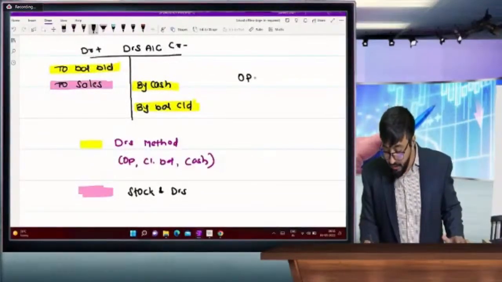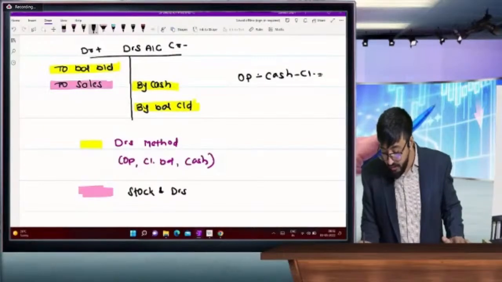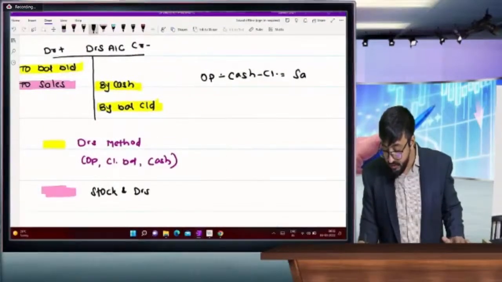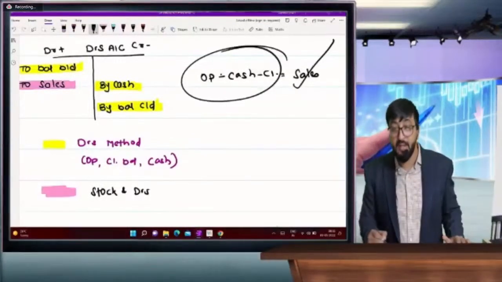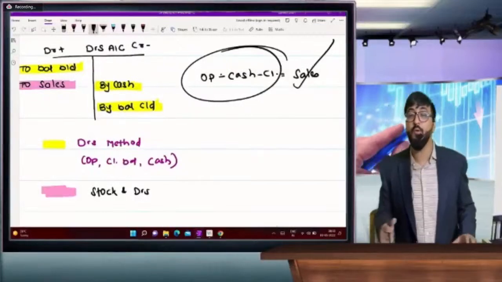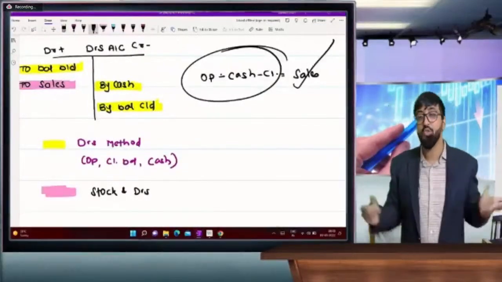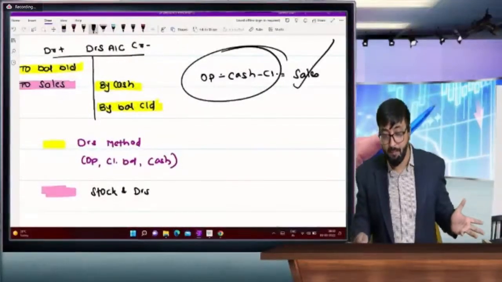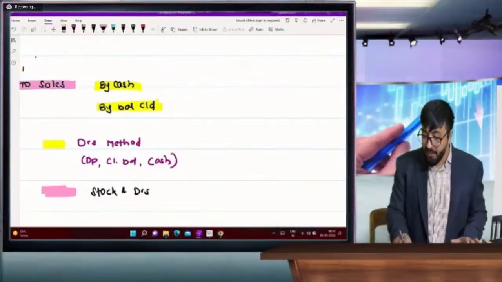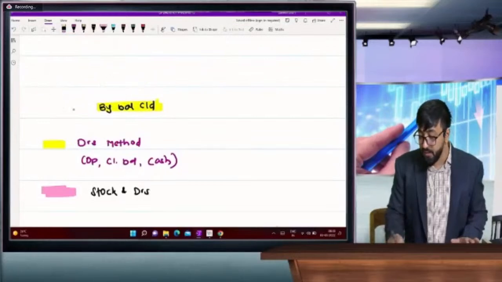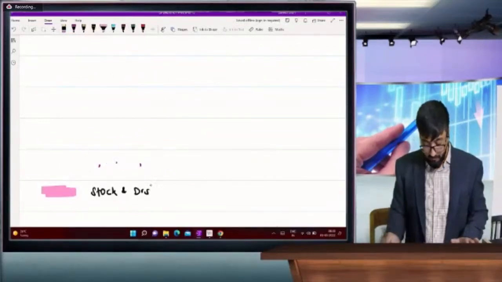Ultimately, opening minus cash minus closing is equal to sales. So debtors method focuses on these figures, and stock and debtors method will focus on sales. Ultimately you are getting the same profit. This is only for your concept clarity, why both methods give the same answer.